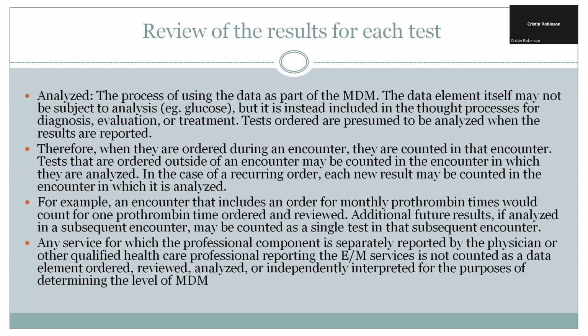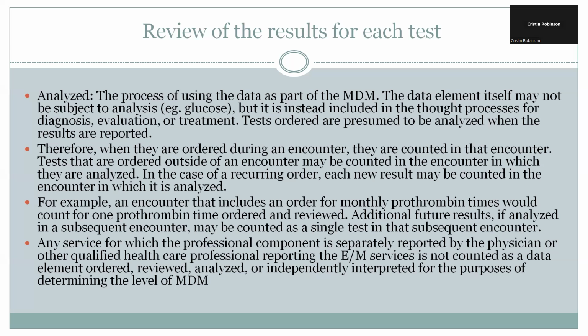Tests that are ordered outside of the encounter may be counted in this encounter of which they are analyzed. In the case of reoccurring orders, each new result may be counted in the encounter for which it's analyzed. That means today he'll get credit for ordering the test, and he'll get credit for analyzing it whenever the results come back and he sees the patient again for follow-up.